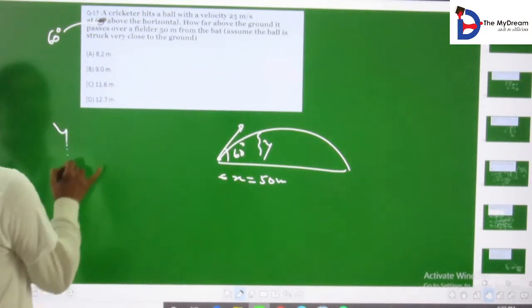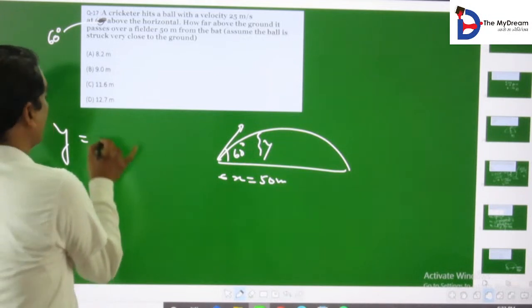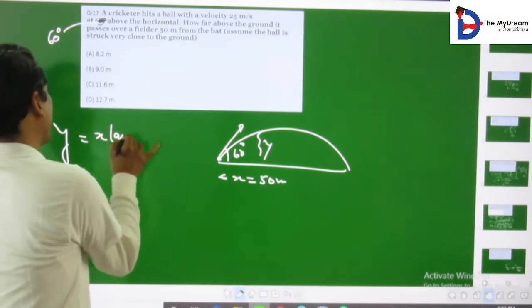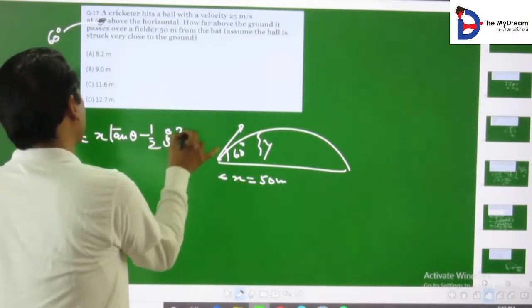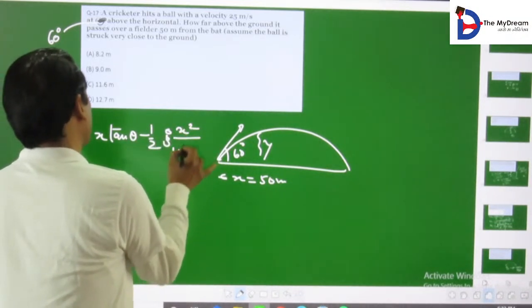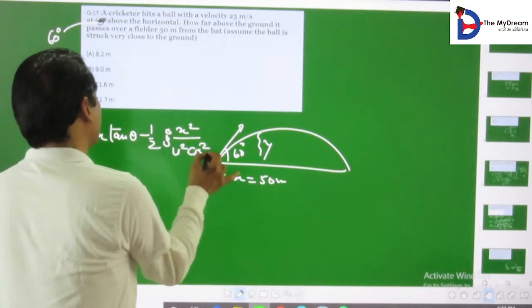So y is equal to x tan theta minus half g x square over u square cos square.